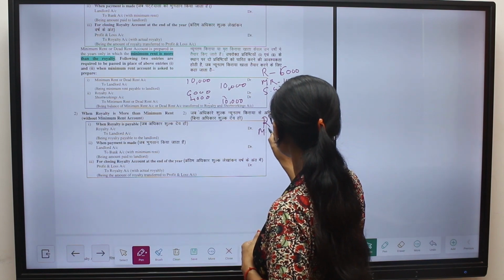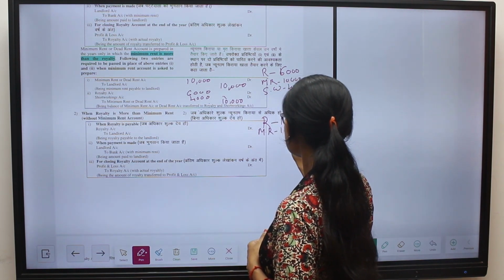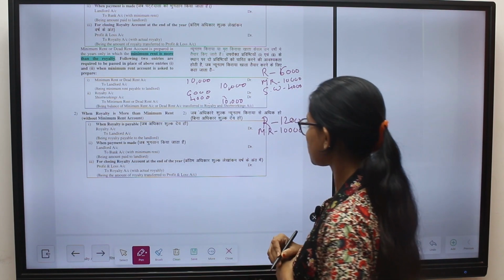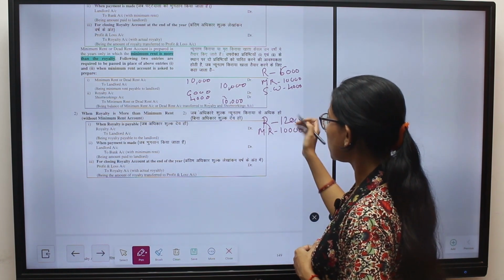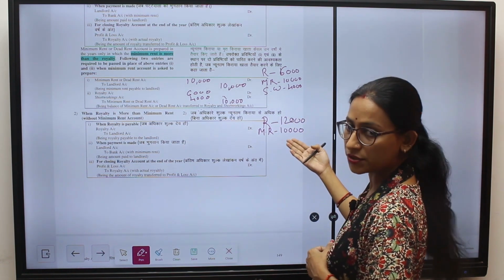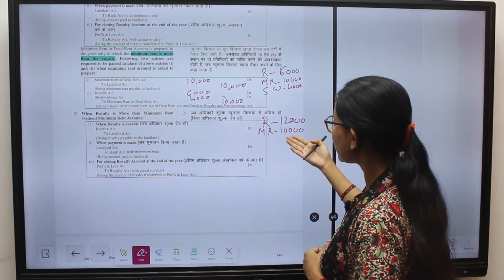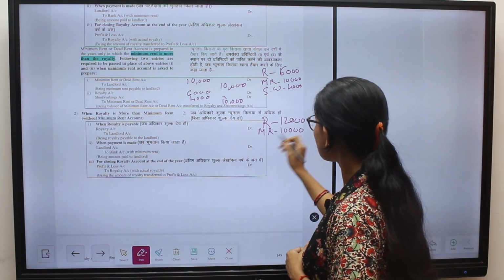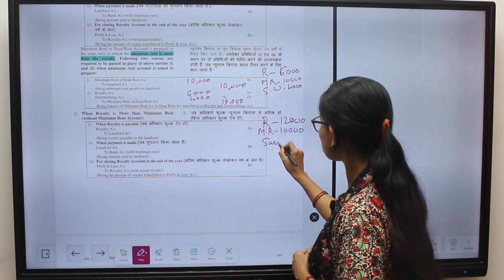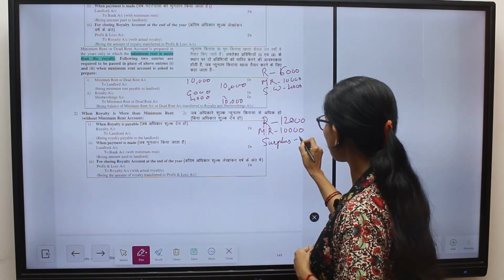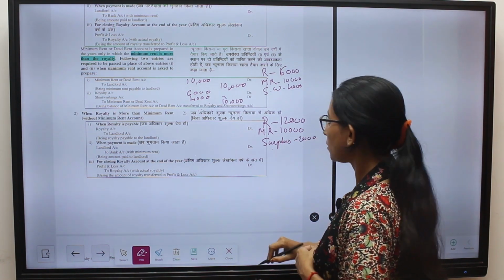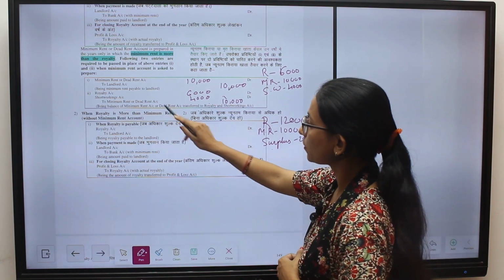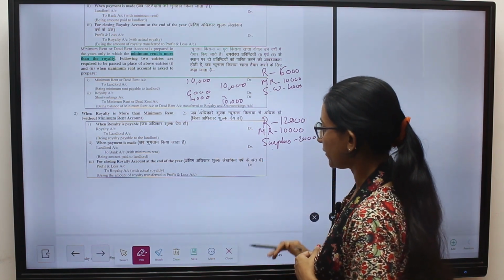Minimum rent was rupees 10,000, and here the short working situation will not arise because the royalty earned is more than the minimum rent. So here a surplus is generated. A surplus of rupees 2,000 will be generated in this case when the royalty is more than minimum rent.